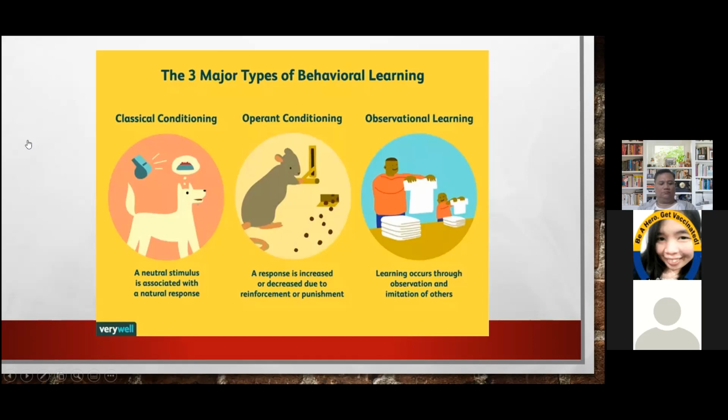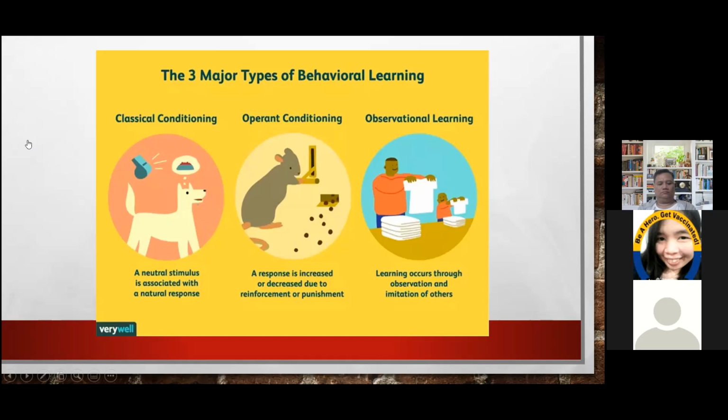Operant conditioning. It is a learning process in which the probability of a response occurring is increased or decreased due to reinforcement or punishment. First studied by Edward Thorndike and later by B.F. Skinner, the underlying idea behind operant conditioning is that the consequences of our actions shape voluntary behavior.